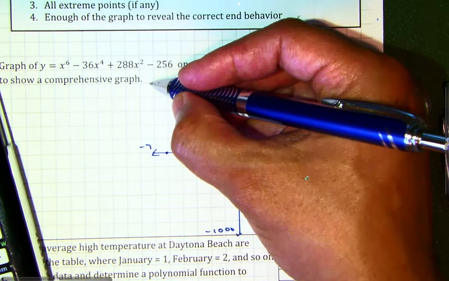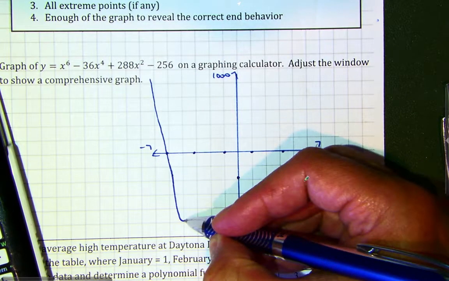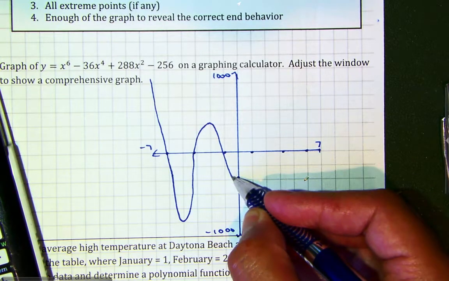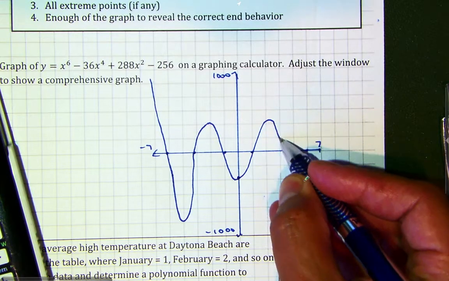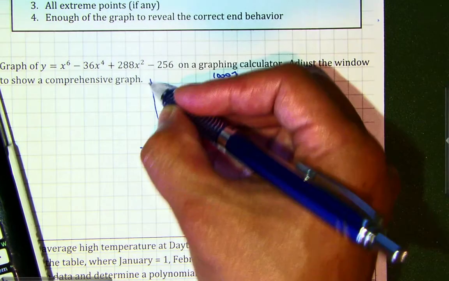And it's not asking you to find your actual values, so we don't need to list them. You can just make a quick sketch. And that's it.